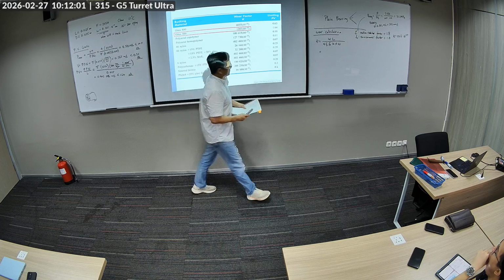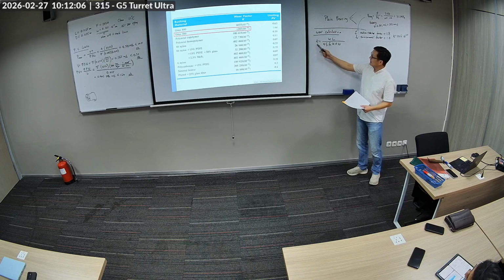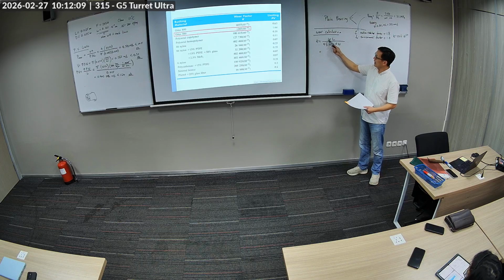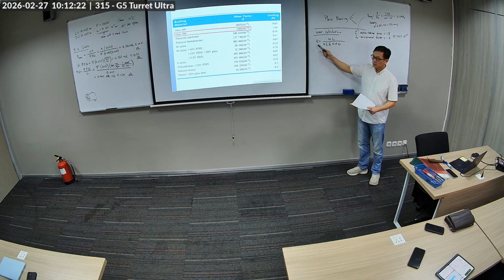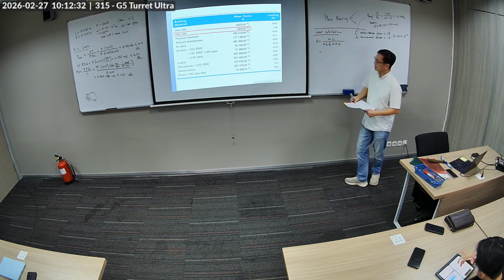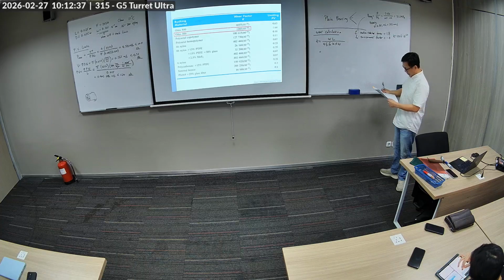It wears faster. In this formula, this is time, this is wear, and this is K. So what does a bigger K mean? A bigger K means smaller T, less lifetime. So a bigger K means it's softer, right? You have to analyze the equation and understand what's going on.